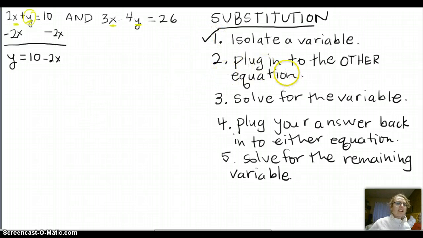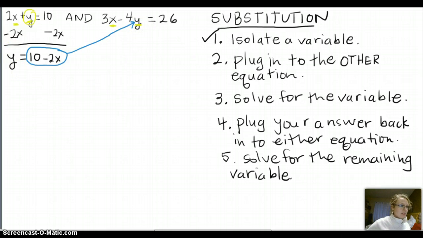Now we plug into the other equation. What are we plugging in? The thing that we just solved for. So we will take this piece, because we know that y is the same as 10 minus 2x. That means where y is in the other equation, we can just replace it with 10 minus 2x. Remember, they're exactly the same thing.